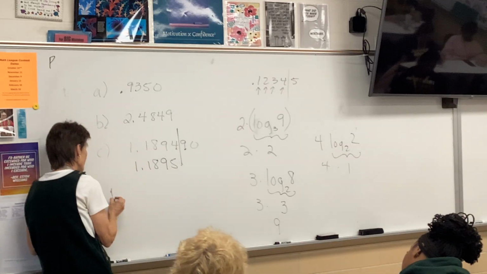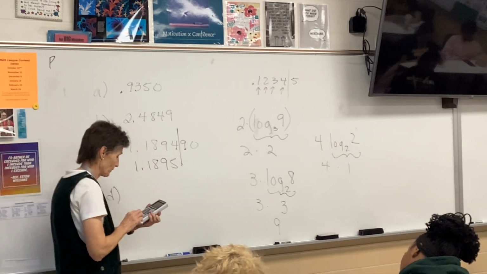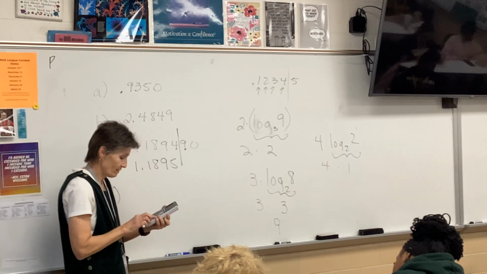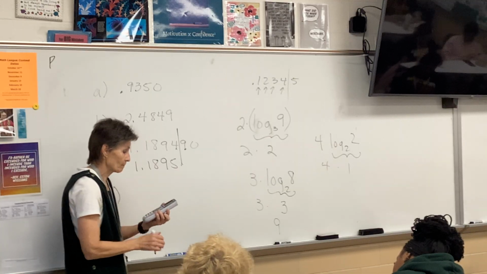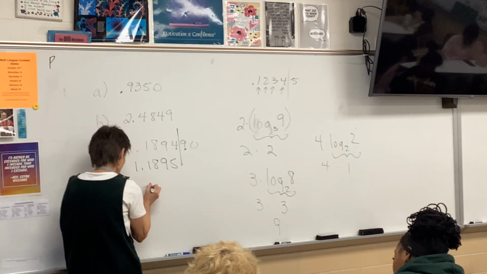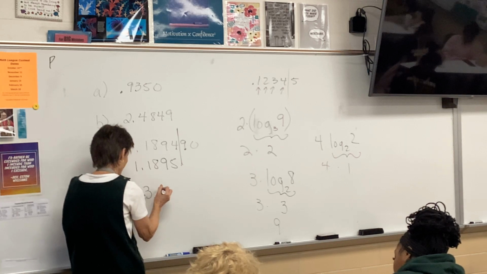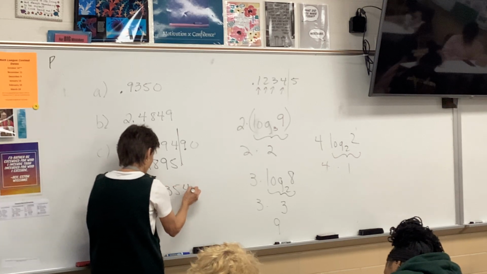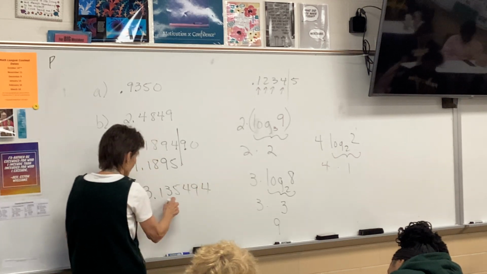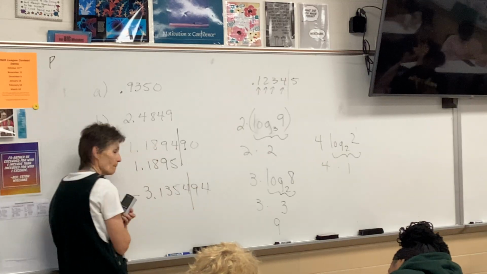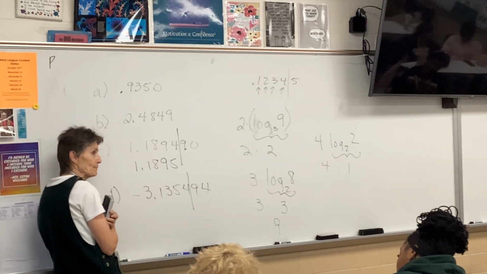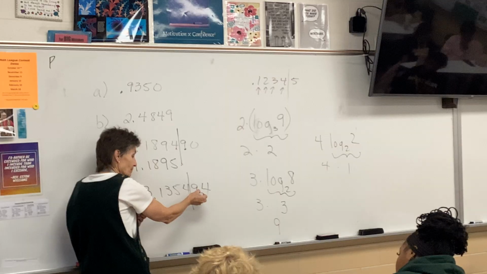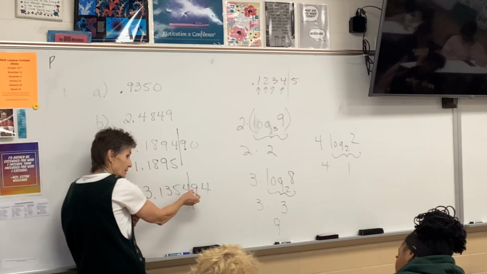ln 1/23. ln 1 divided by 23. Negative 3 point, here's another one, 135494. 1, 2, 3, 4, here's where I'm rounding. That's a 9, so that's going to go up to a 5.